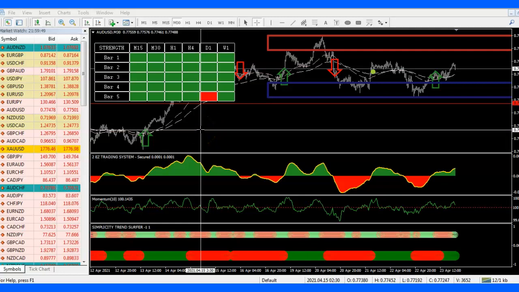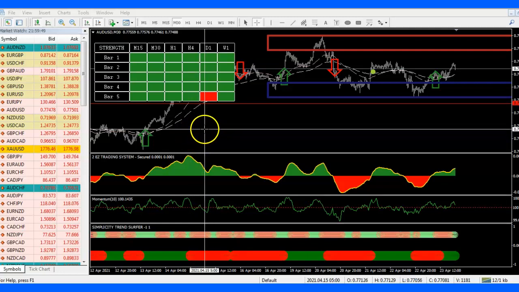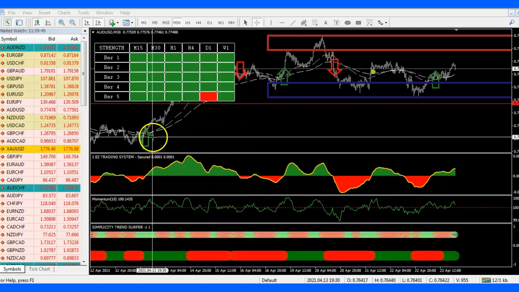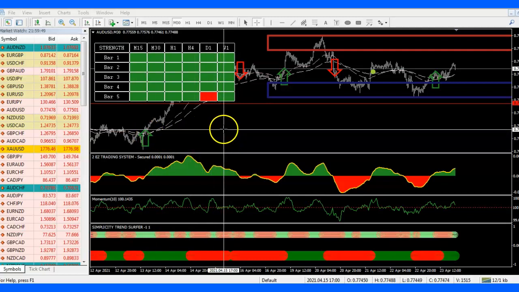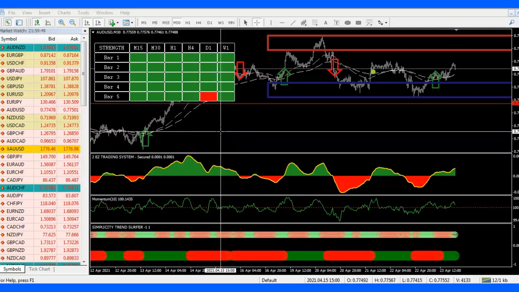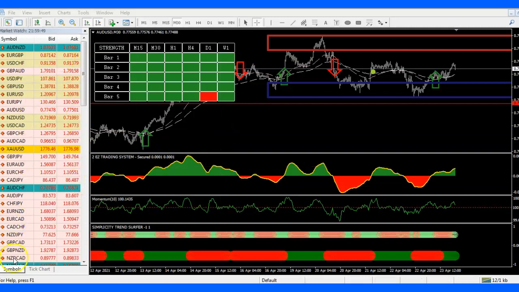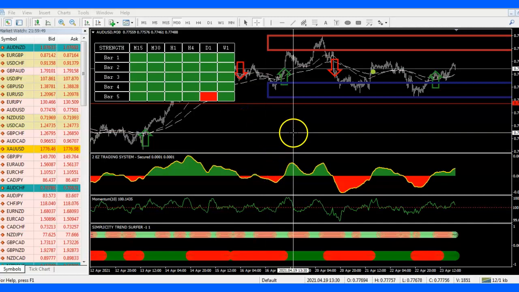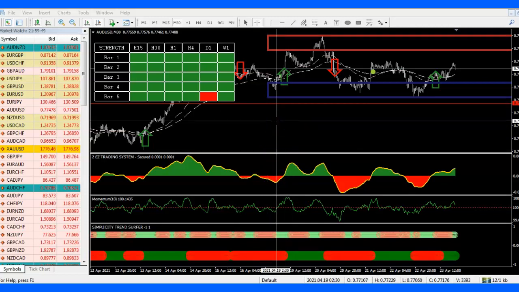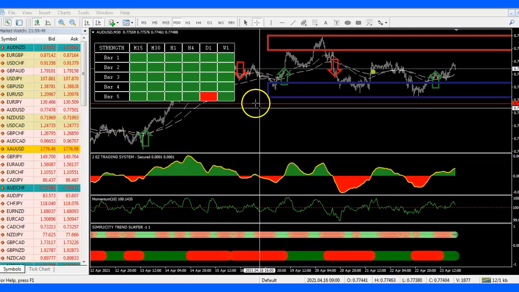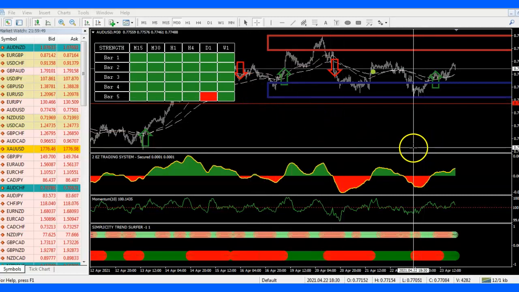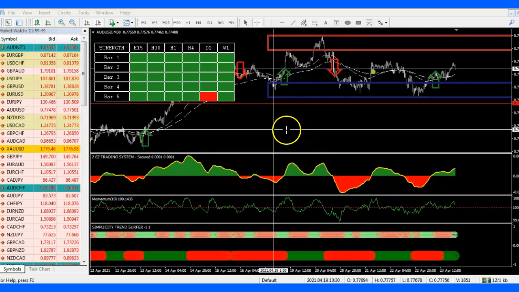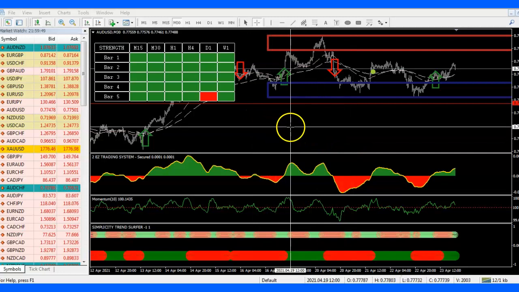You can program the scanner for 30 minutes, and there will be a lot of arrows coming, for as many pairs as you like. So that's what the scanner does. It's a very useful tool, but I don't need it. It might be useful for you, so that's up to you. I just want to explain what it does.